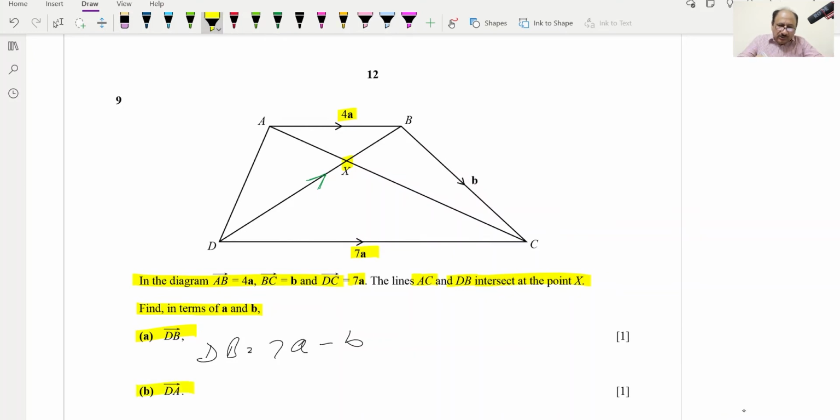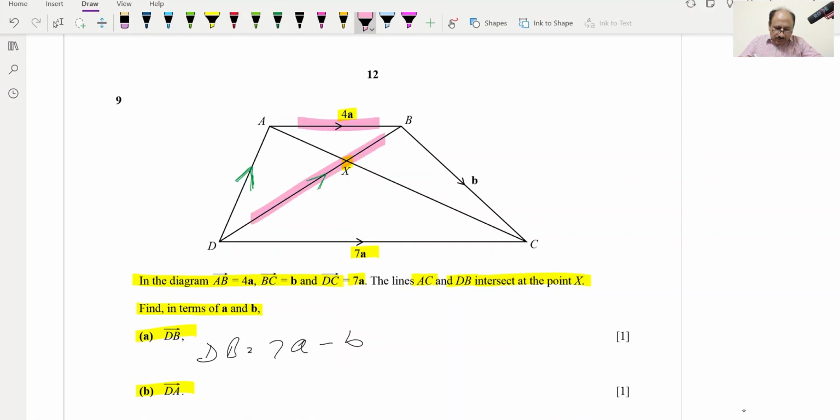DA is required, and DA is this one, this direction, so for DA we can take DB and BA, so we can take this route, this one and then this one.